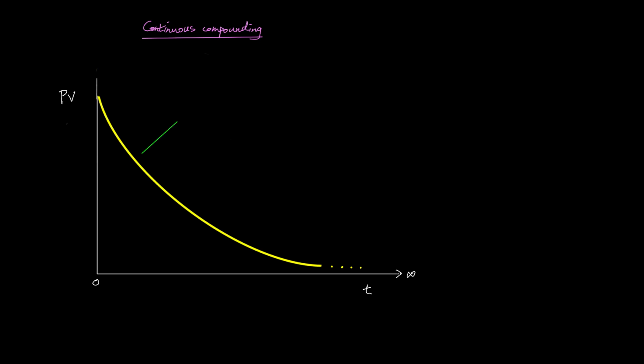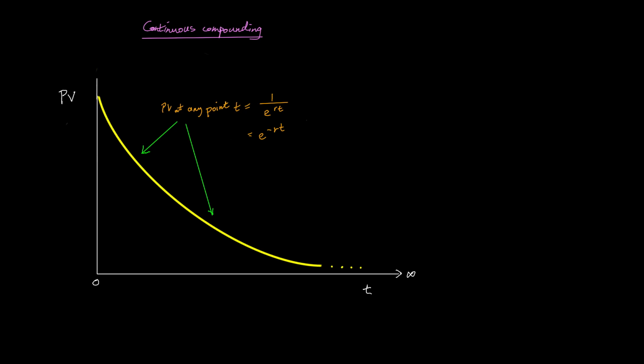At any point in time t, the present value is given by e raised to the exponent of negative rt. This is the continuous time equivalent of our previous formula for discrete cash flows, 1 divided by 1 plus r to the t.